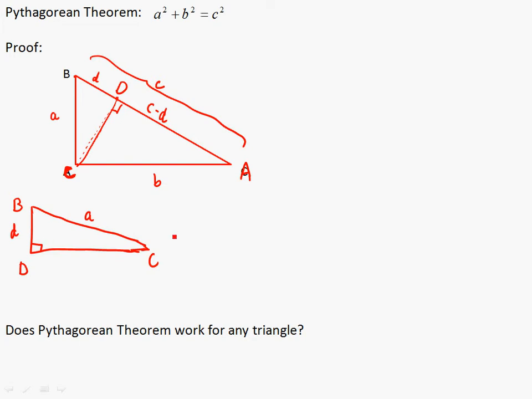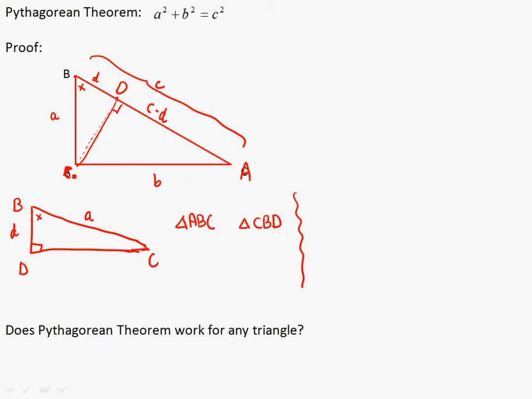What do I know about triangle ABC and triangle CBD? What do you know about these triangles? Keep in mind that angle B is here and angle B is also here, so this angle is exactly this angle, right?